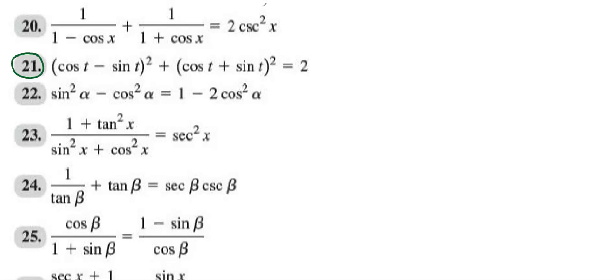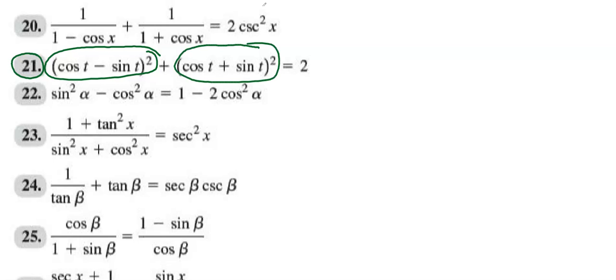Question 21. Do you think we have to FOIL on question 21 on the left side of this equal sign? I don't see any other way, folks. You've got something squared plus something squared.